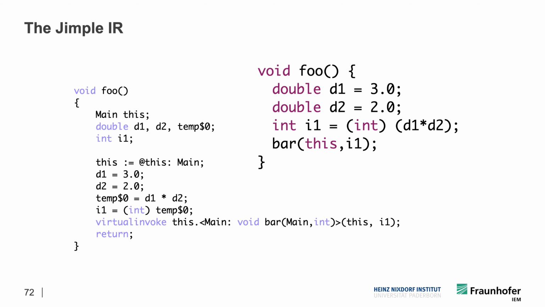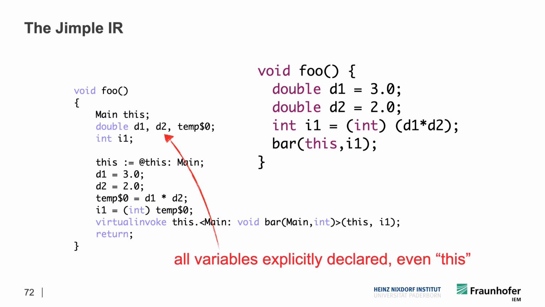Let's take a look at what this looks like. Here on the right hand side we have the same source code that I showed you earlier, with the very same operations. But on the left hand side I'm now showing you not Java bytecode, but the Jimple representation that we would get out of this. What you will first see is a leading block at the top that explicitly declares all the local variables that are relevant in this procedure foo.